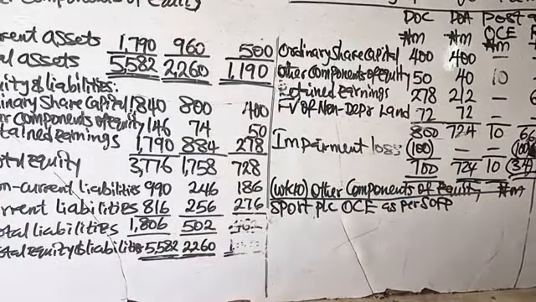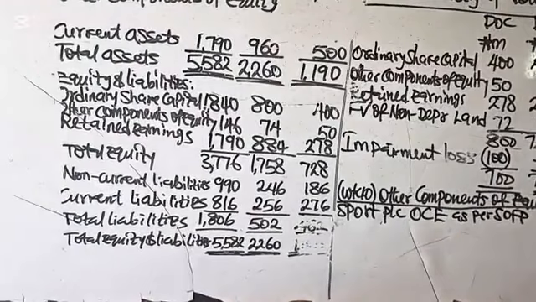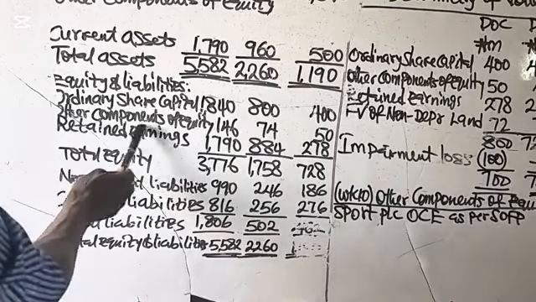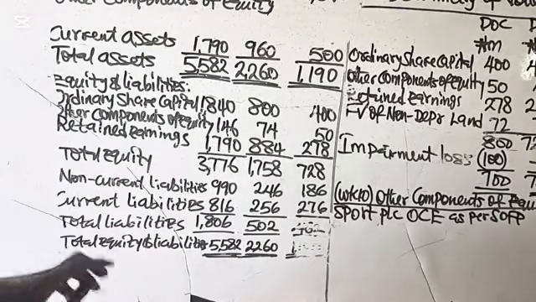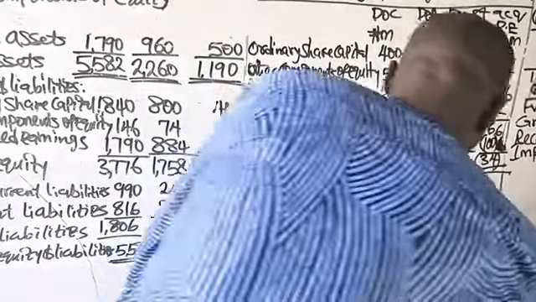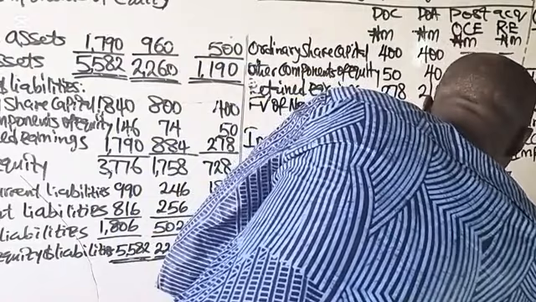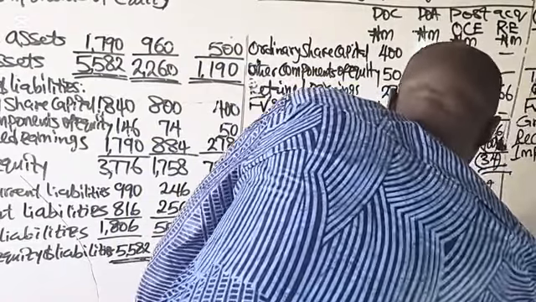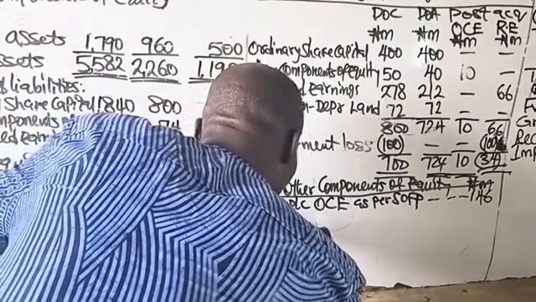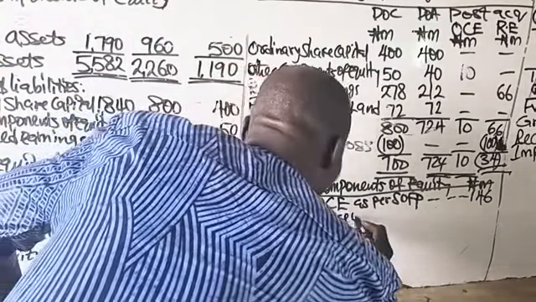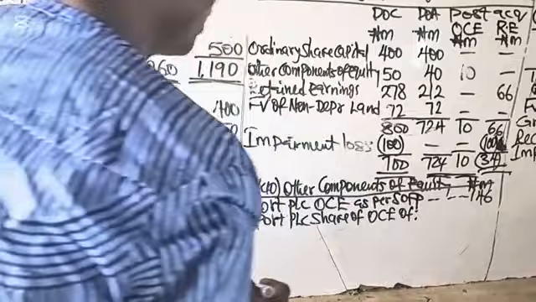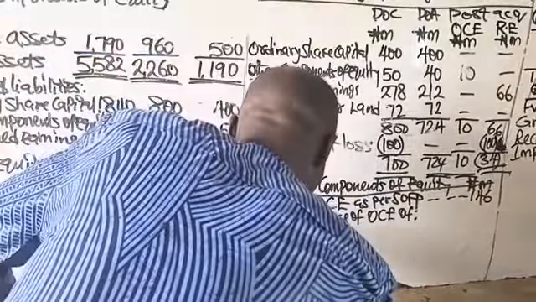Now, let's go through the statement of financial position. How much is the other components of equity of Sport PLC? We have other components of equity, Sport PLC, 146. So we have 146 million. Then we now have Sport PLC's share of other components of equity of the first entity, which is Football PLC.